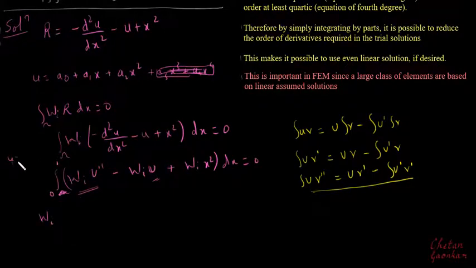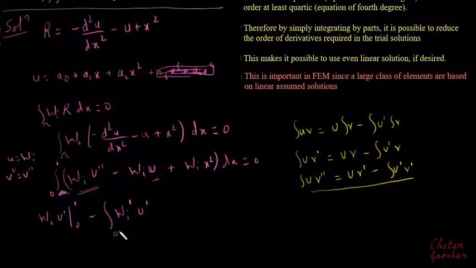Here our u is wi and v is u double dash. V double dash is u double dash. So in that case I will have wi multiplied by u dash, limit goes from 0 to 1, and then minus integration of derivative of this weighting function multiplied by u dash.